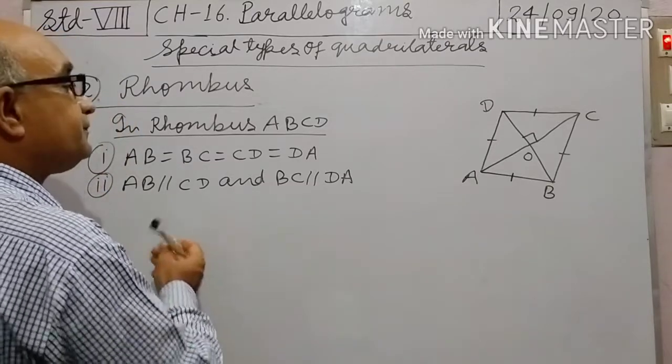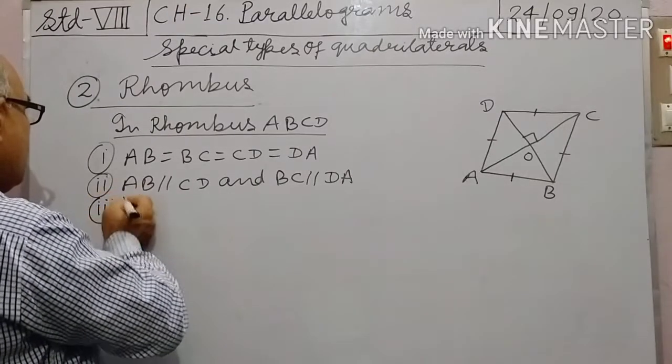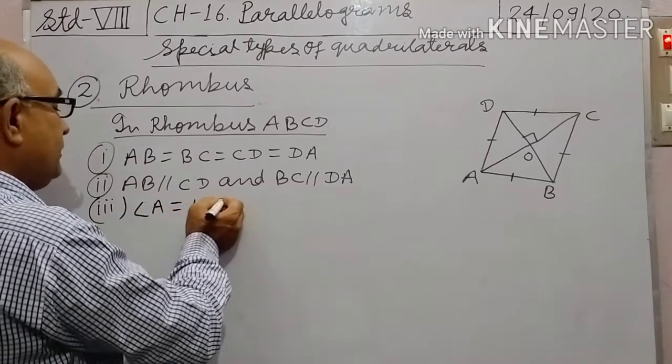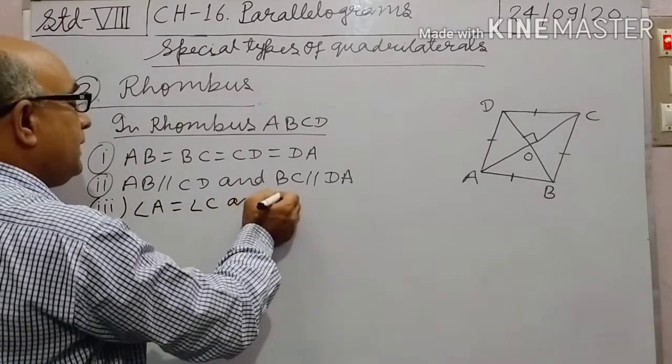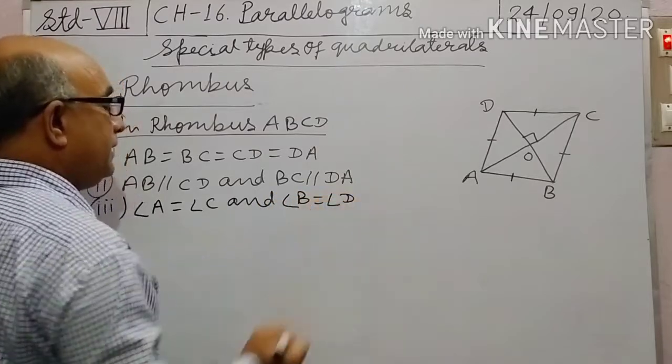Third, opposite angles are equal: angle A equals angle C and angle B equals angle D.